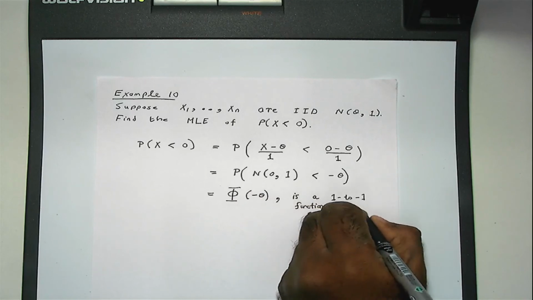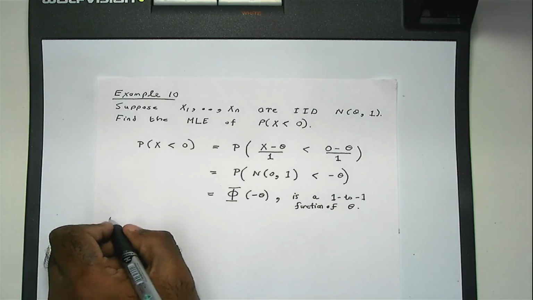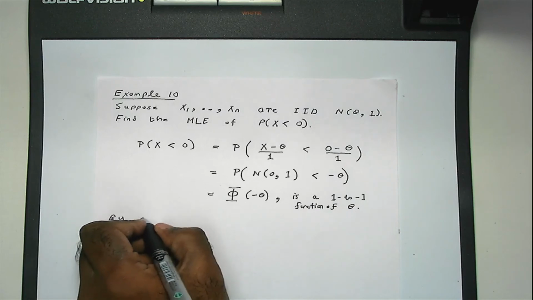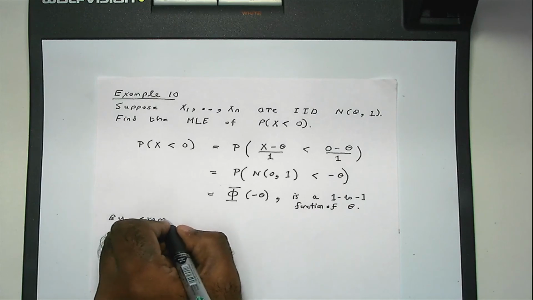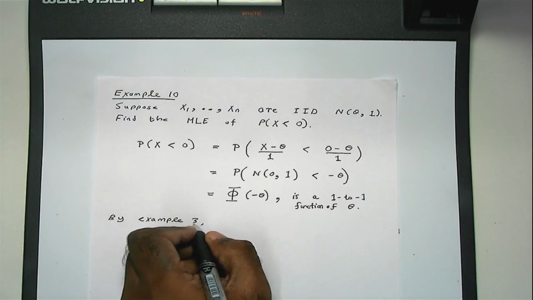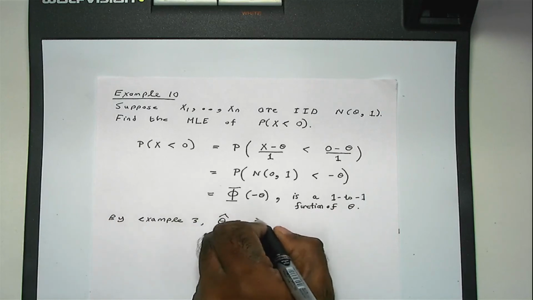Alright, now one of the early examples I did in this video, I think it was, correct me if I'm wrong, example 3, we know the MLE for theta to be equal to the sample mean x bar, right?